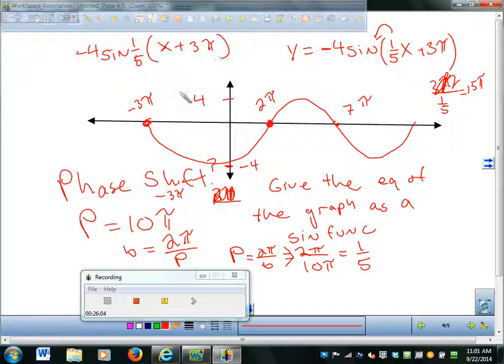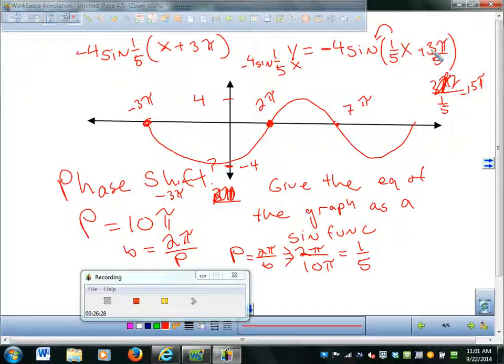When I distribute the 1/5 through, this should look like negative 4 sine of 1/5 x plus 3 pi over 5, because if I divide this by 1/5, I get my 3 pi.